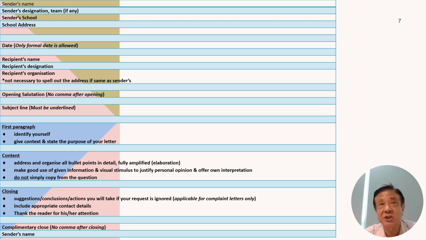You still need your introduction, your body, the content, and the closing. All right, so do be very familiar with the format of writing formal letters.